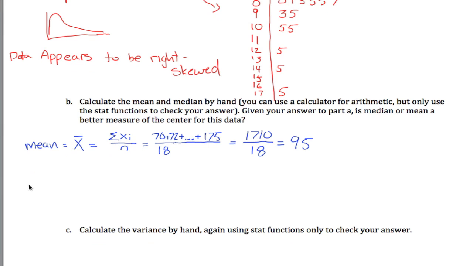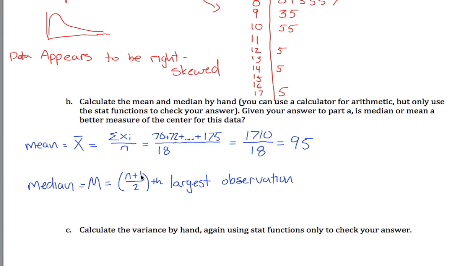All right, median. Usually we'll use a capital M to describe this. It's the (n plus 1) over 2 th largest observation. Again, we have 18 observations.